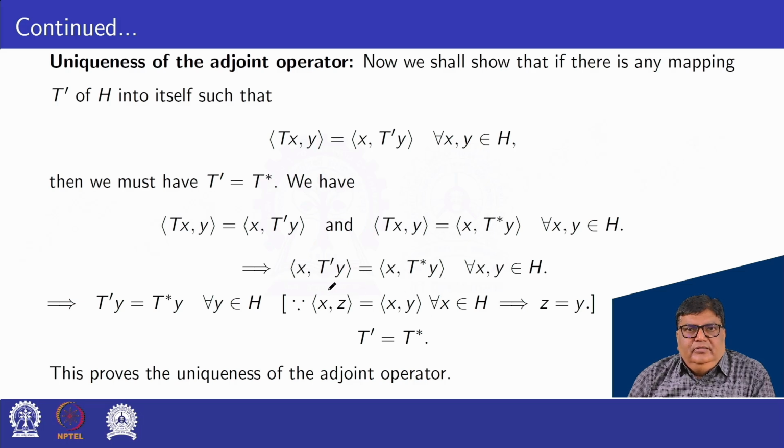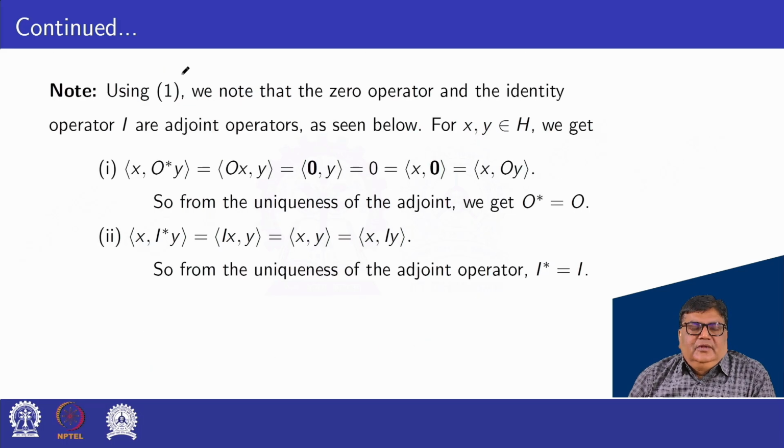So this implies that the inner product of x T dash y equals the inner product of x T star y. Again using the property, if the inner product of x z is equal to the inner product of x y, then z is equal to y. It means T dash y is equal to T star y. Hence T dash is equal to T star. This proves the uniqueness of the adjoint operator.